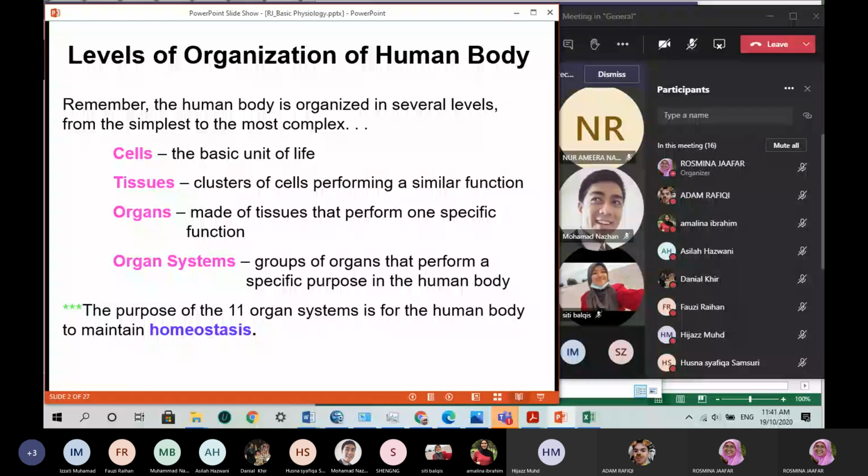To maintain homeostasis, we have certain limits. We have a range of allowable values. For example, you want to maintain your body temperature, and you can allow a range of healthy body temperature. If it goes beyond that, you need to take some action to compensate for the imbalance.